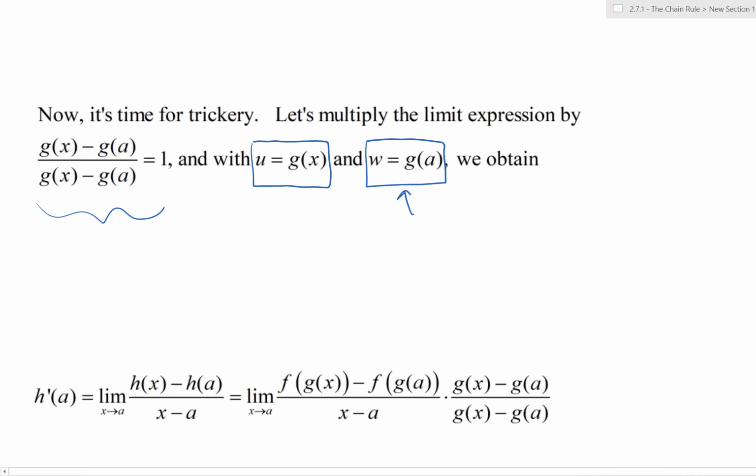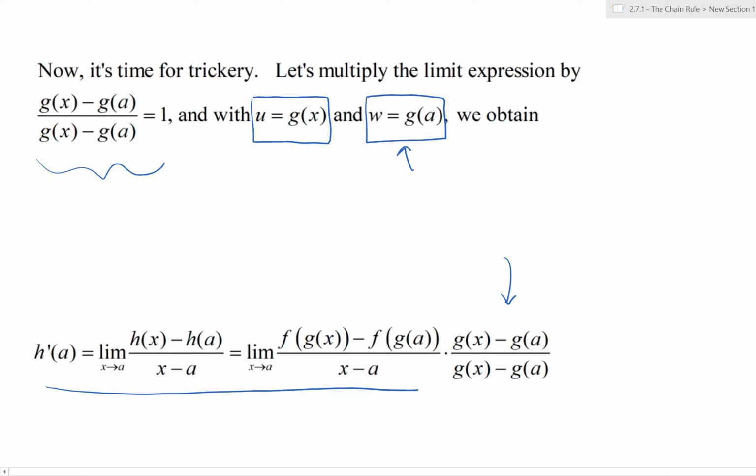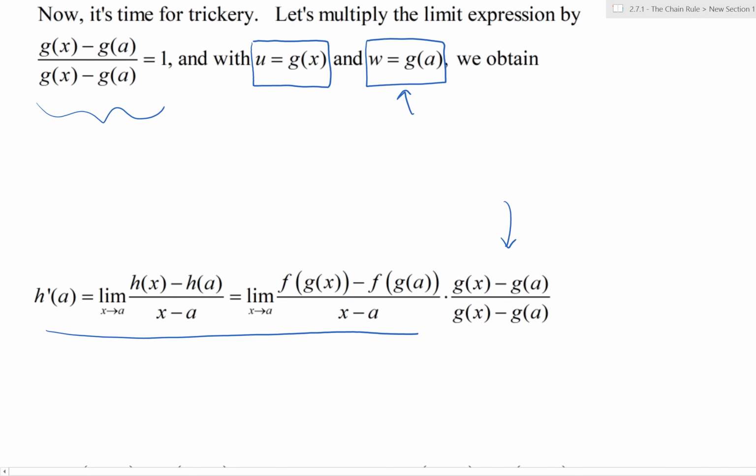So what do we get? Here's our definition of the derivative of h at a that we had established so far, and now all I've done is multiply that by 1. You can see that if g of x was equal to g of a near values of a, then we'd be multiplying by 0 over 0, and that's partly why this proof is specific for cases not in that situation.